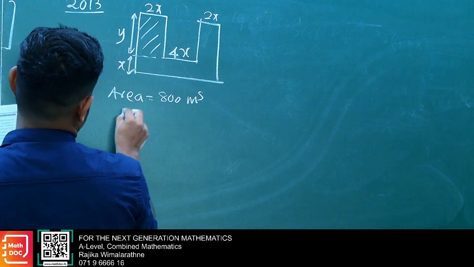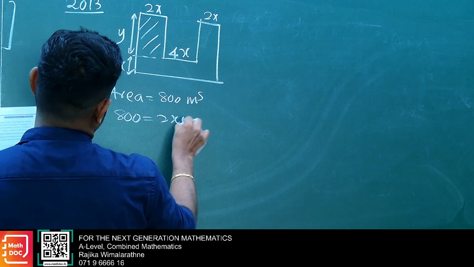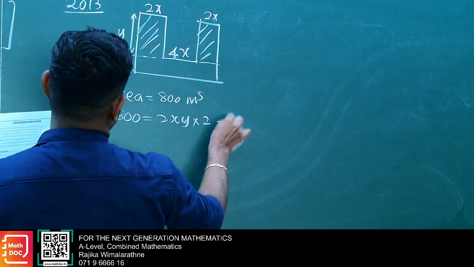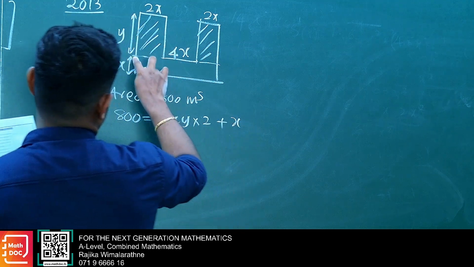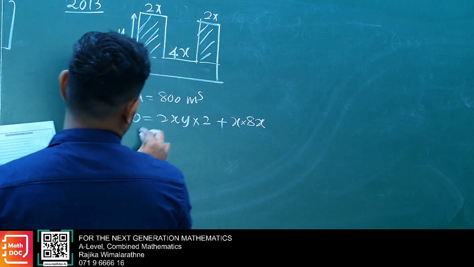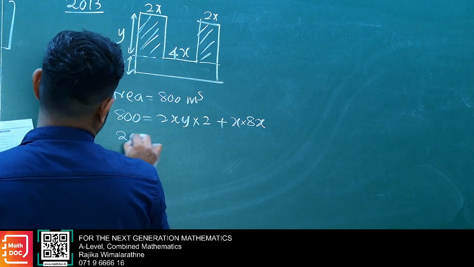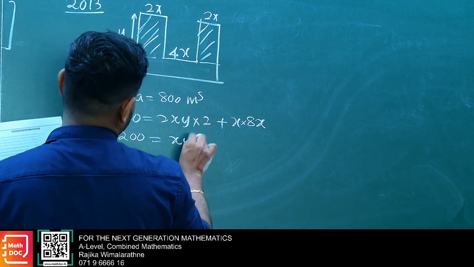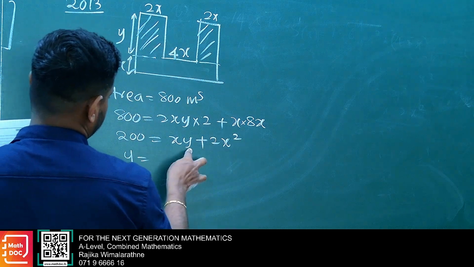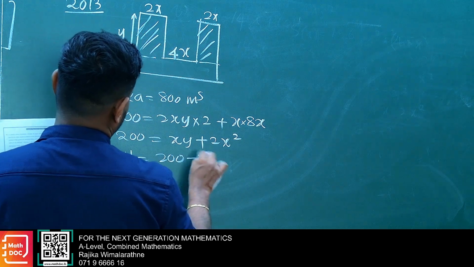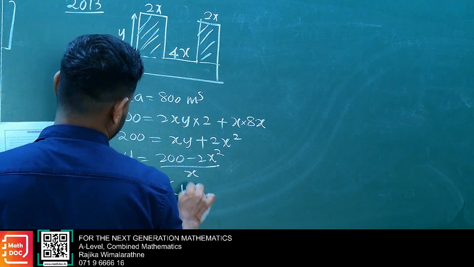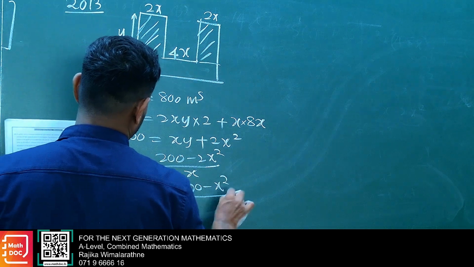Here 2xy plus 2x into 8x, that is 200xy... so 2xy plus 2x squared, then y equals (200 minus 2x squared) divided by x. Taking 2 outside, y equals 2 times (100 minus x squared) over x.